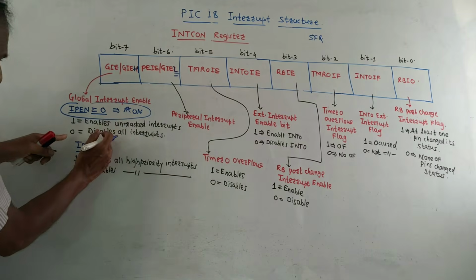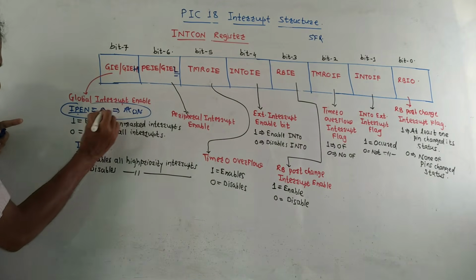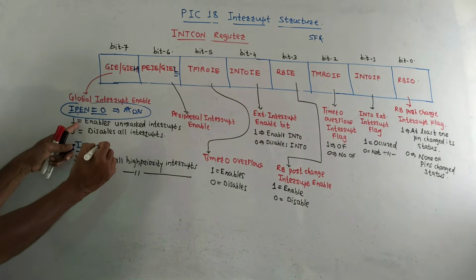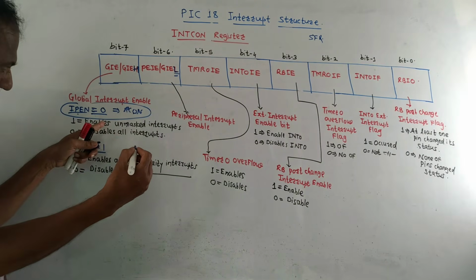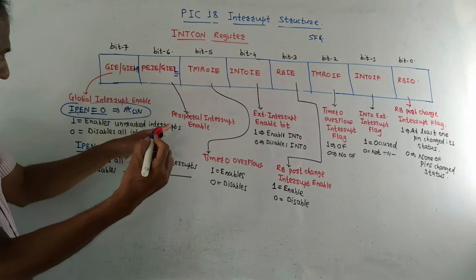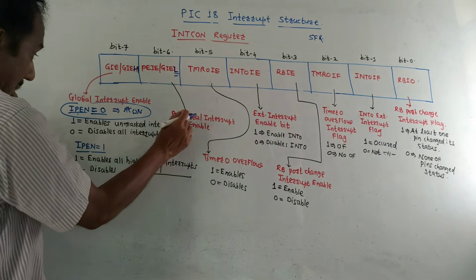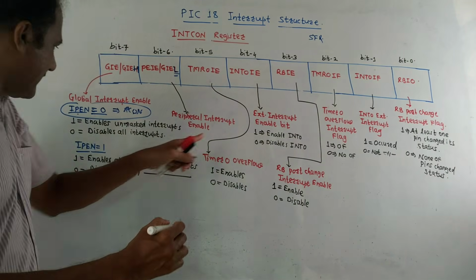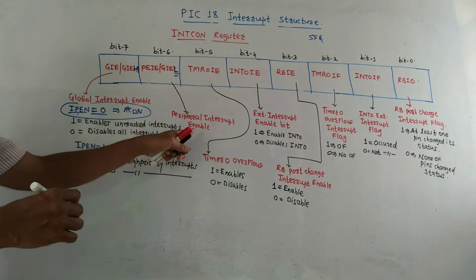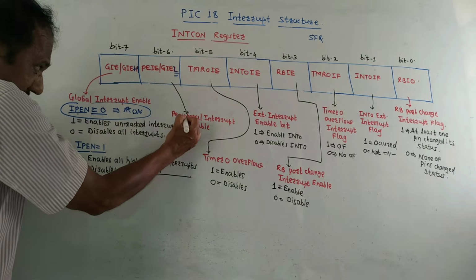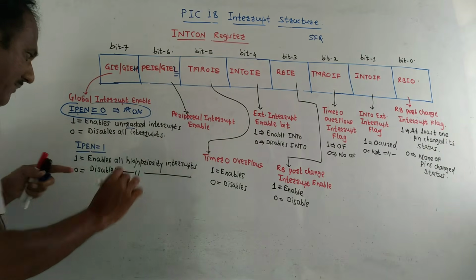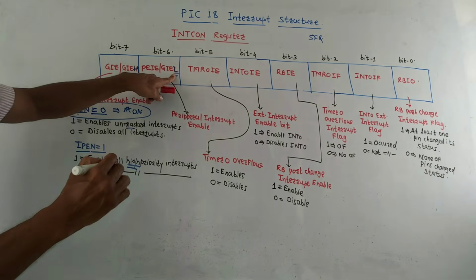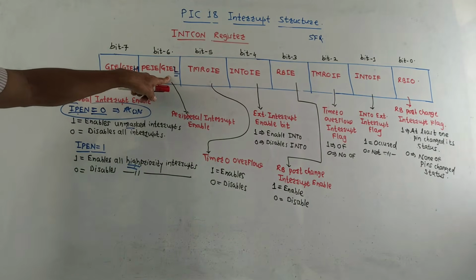It is the same as this. Like when IPEN is 0, in the case of peripheral we will write: 1 enables all unmasked interrupts. In case of peripheral, we will say 1 enables all peripheral interrupts and 0 disables all peripheral interrupts. Write the same, only here instead of unmasked, peripheral will come, and where high priority is, low priority will come, because it is related to low priority bits.